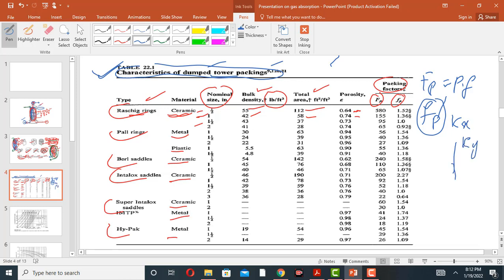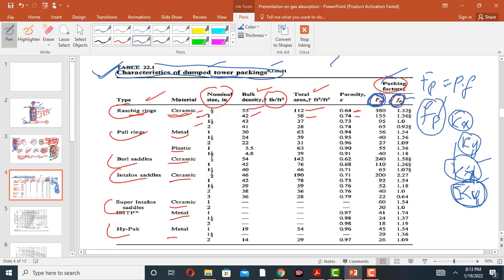So when we are using the mass transfer calculation, based on the liquid and gas overall mass transfer coefficient on a gas basis, then we will use this Fv factor, and this is for the pressure factor, and these two are called the packing factor.